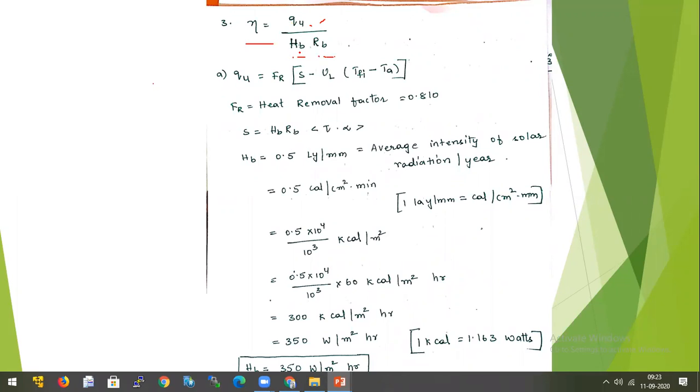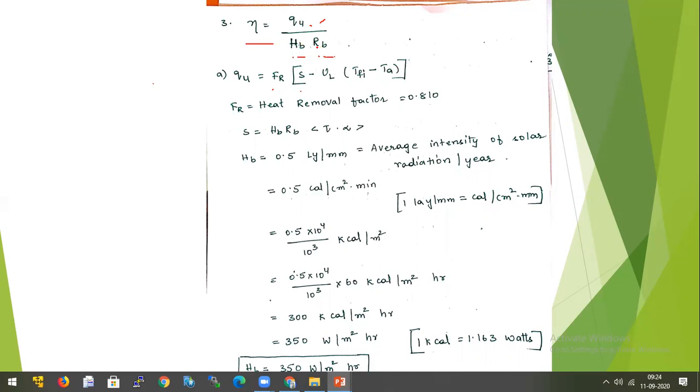First we have to calculate QU. The QU formula is QU is equal to FR into S minus UL into TFI minus TA. Step by step we will calculate the values: first QU, after that HB, after that RB.